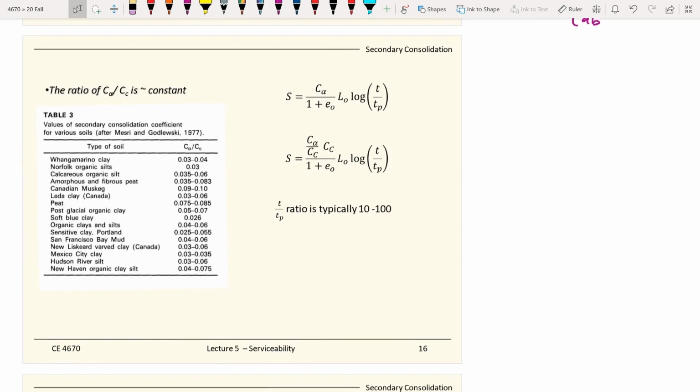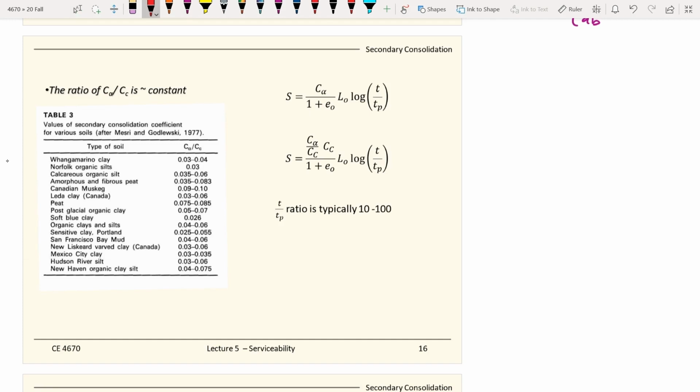Okay, so we talked about C sub alpha being derived from C sub C, with the ratio being constant, and it can be used with some typical numbers. For example, this table gives you some typical numbers for the ratios.